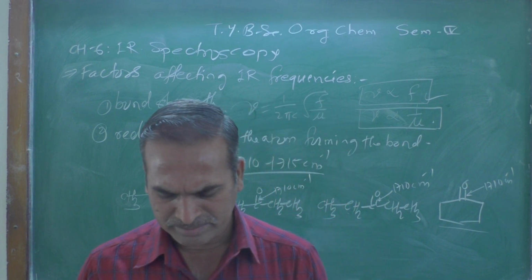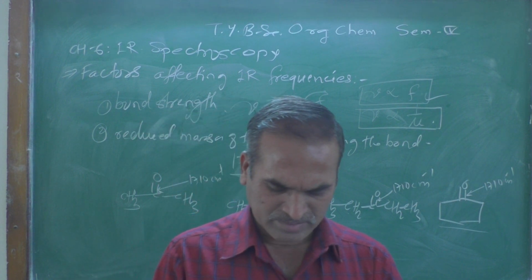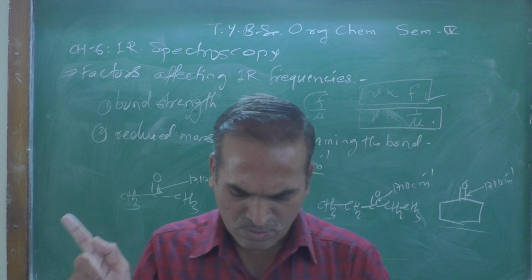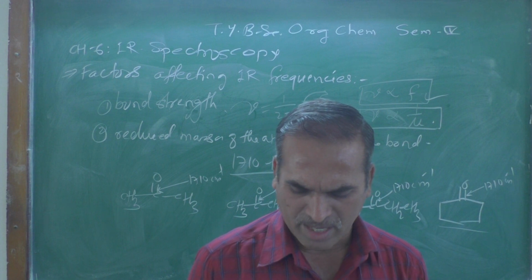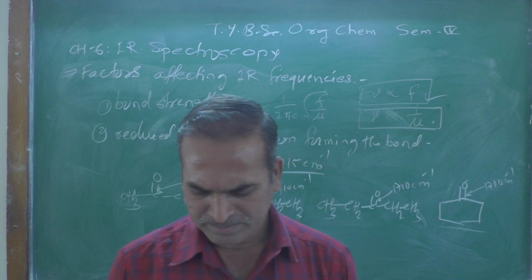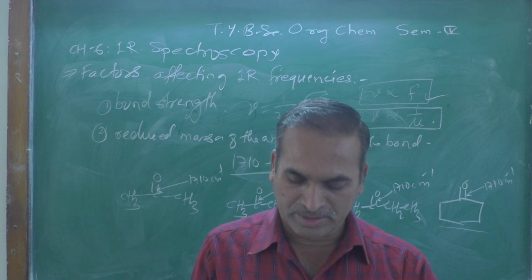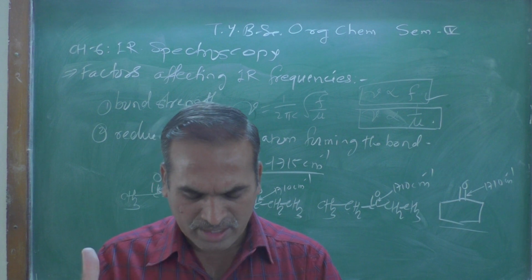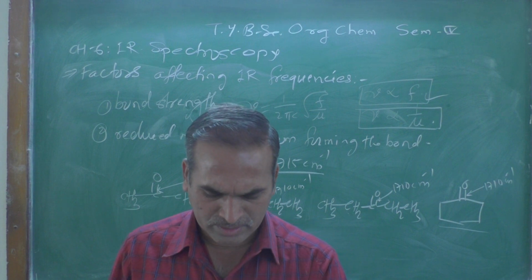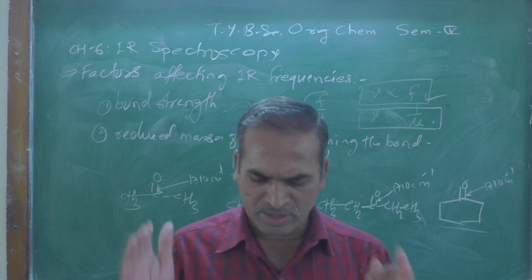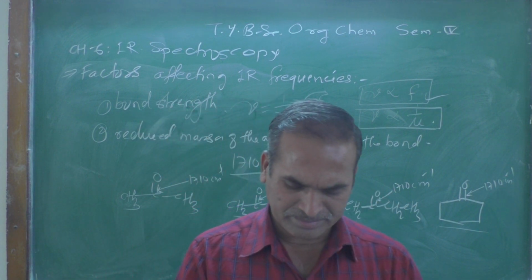In this way, almost all functional groups have their characteristic absorption frequencies in the IR spectra. By observing the peak position in the IR spectra, it is therefore possible to identify the functional groups present in an unknown compound.